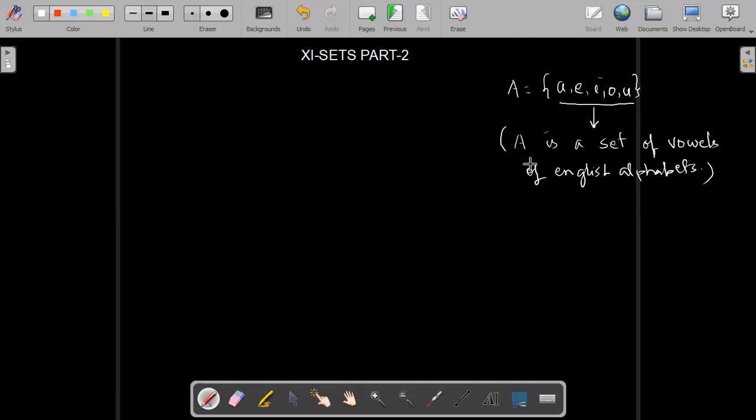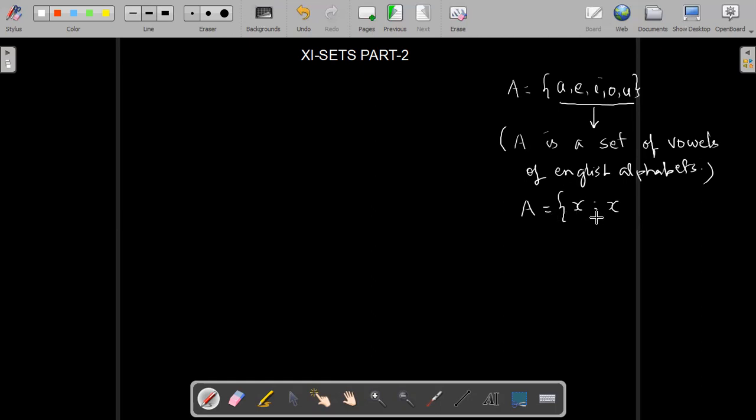If I say it mathematically, A is the set of all x, where x is a vowel. We can write what the property of x is.